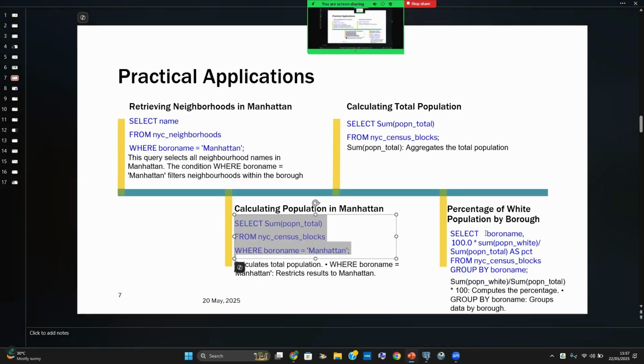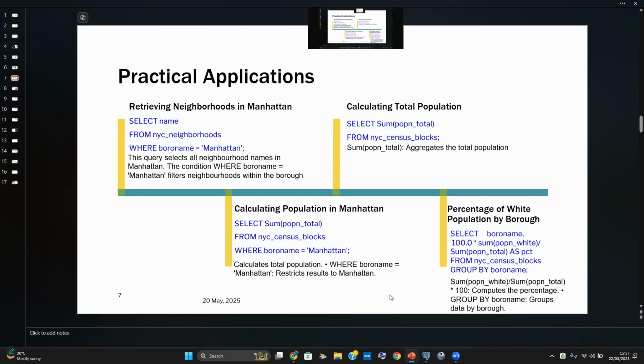All right. We can also use the queries here to do more advanced mathematical calculations. In this case, we're calculating the percentage of an ethnic population, and we're also grouping it by borough. So again, two functions we're using here. So we use the group by function to aggregate them into those different borough names.